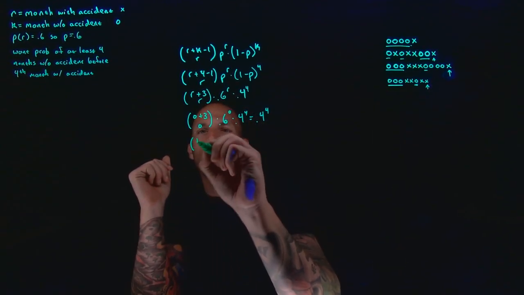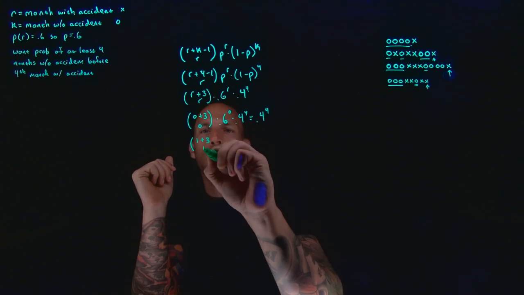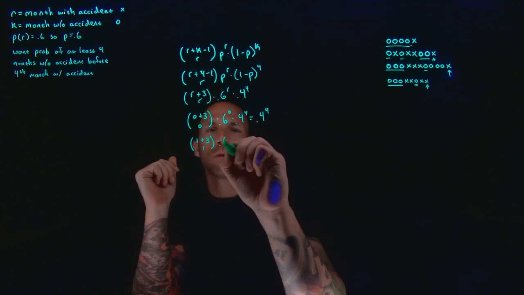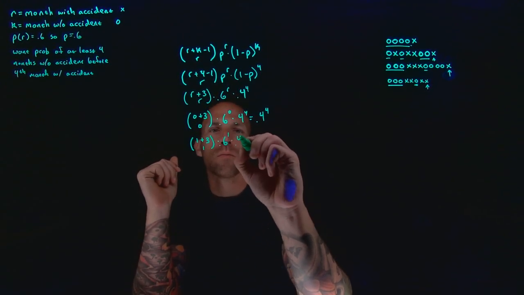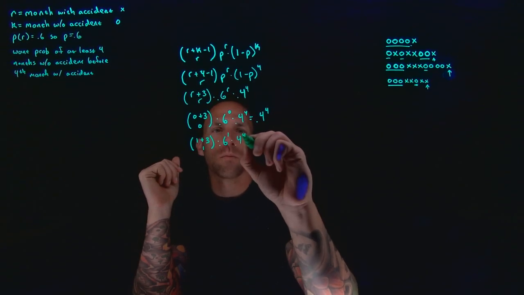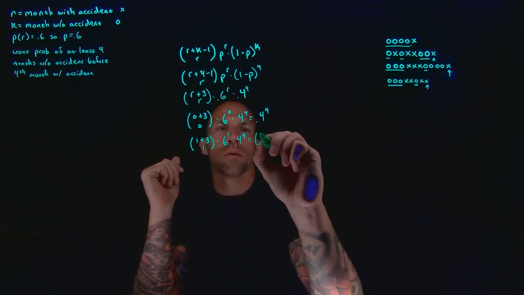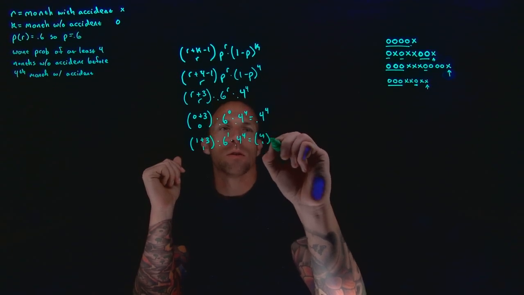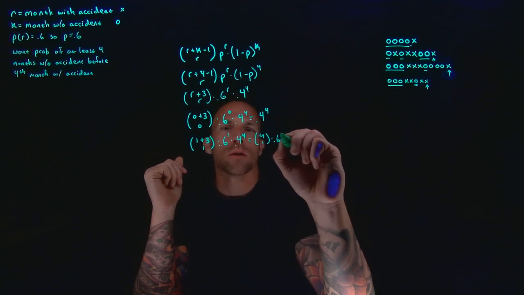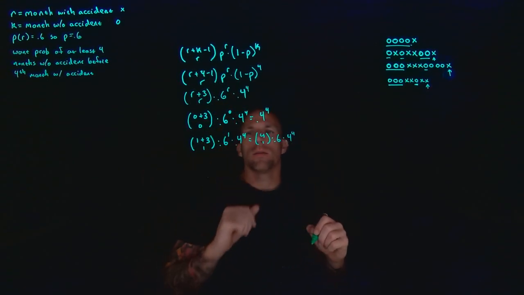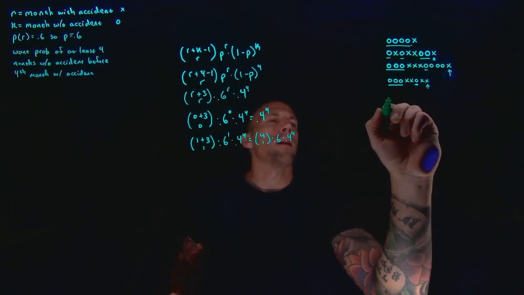It could be that there is 1 month with an accident, and that would be 4 choose 1 times 0.6 times 0.4 to the 4. And let's think that one through, right?